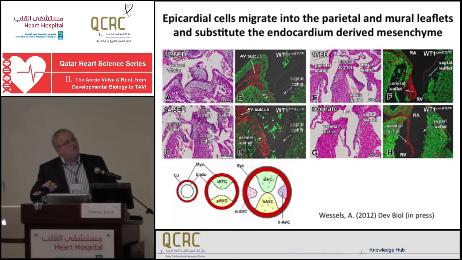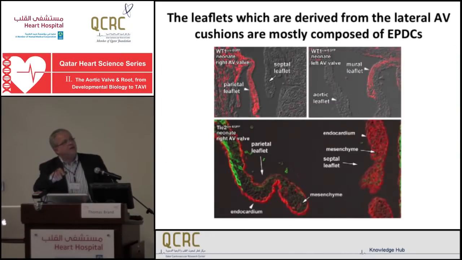If you follow this over time, you can see that there are leaflets in the AV valve that are populated by those epicardial cells. In particular, those lateral AV valves are populated by epicardial cells. It is also shown here, where in red is nicely the labeling of this lateral parietal leaflet. In both cases it's labeled, while the other one is unlabeled.